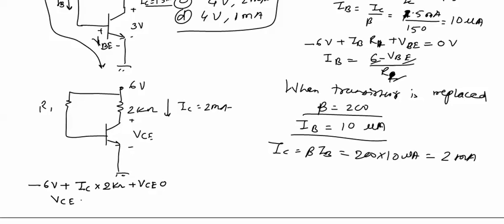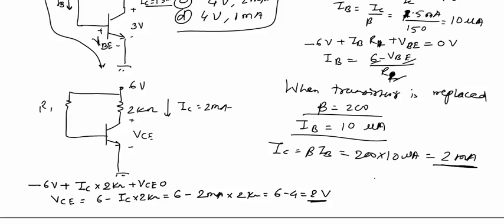So VC equal to 6 minus IC into 2 kilo ohms, which is equal to 6 minus 2 milliamperes times 2 kilo ohms, equal to 6 minus 4 equal to 2 volts. So we get the answer IC equal to 2 milliampere and VC equal to 2 volts. Option A is correct.